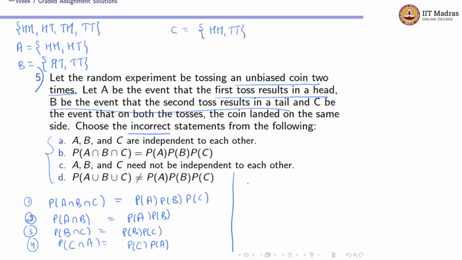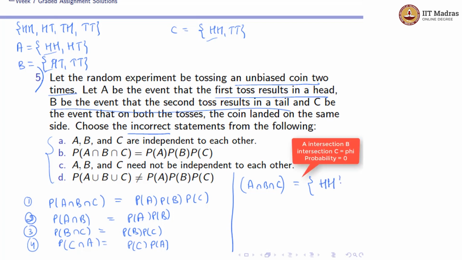So A intersection B intersection C, what is the set? The set is going to be HH, HH and HH. So this is HH. Now probability of A intersection B intersection C is going to be 1 by 4. What is probability of A? Probability of A is going to be 2 by 4, that is 1 by 2. And probability of B is again 2 by 4, that is 1 by 2. And probability of C is again 1 by 2.